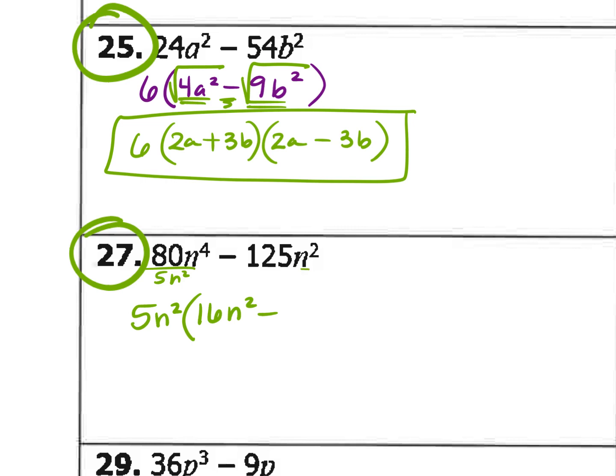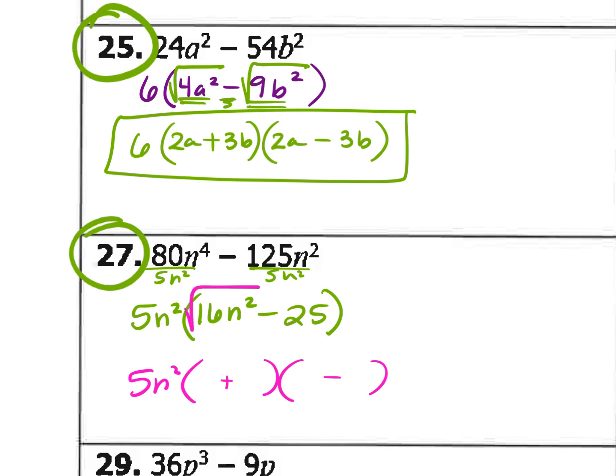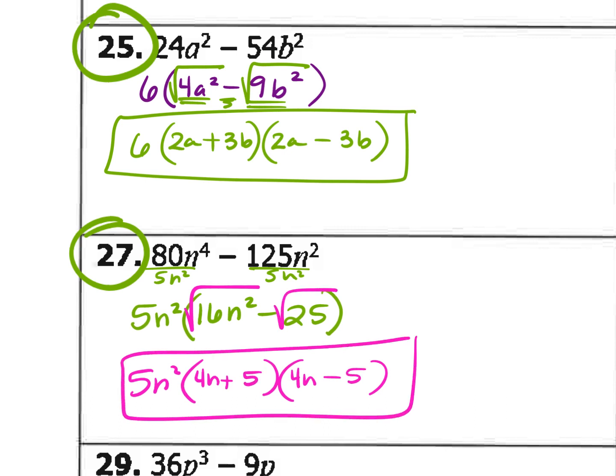And then 125 divided by 5 n squared. So you get 25. N squared over n squared is 1. So it just looks like that. Are those perfect squares? So you're going to rewrite it. 5n squared times, one's going to be plus, one's going to be minus. Square root this, you get 4n. Square root this, you get 5. Okay? Any questions on that?